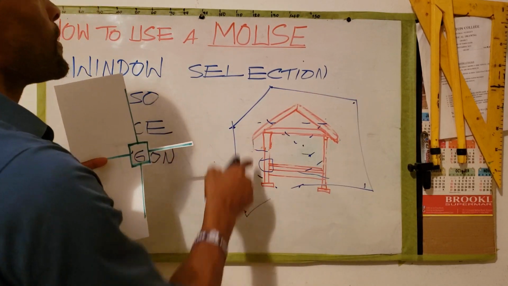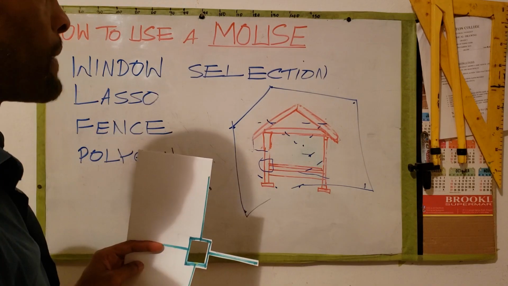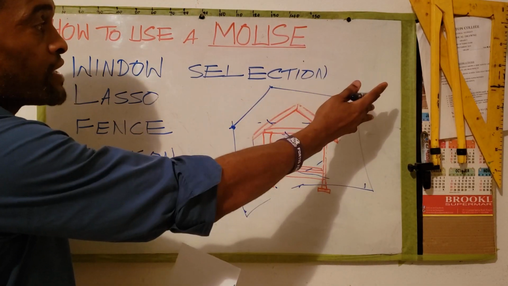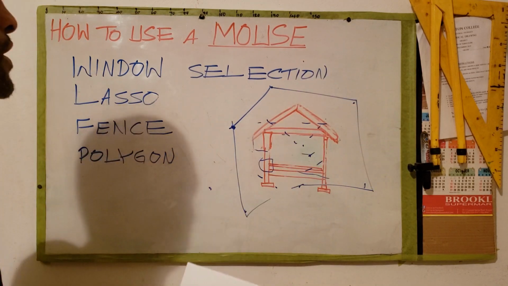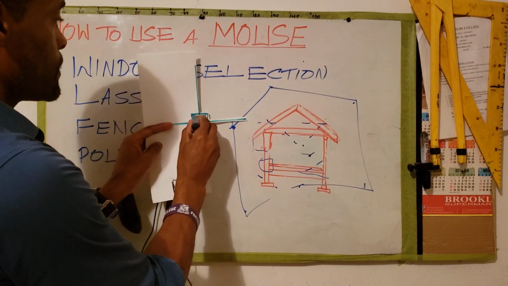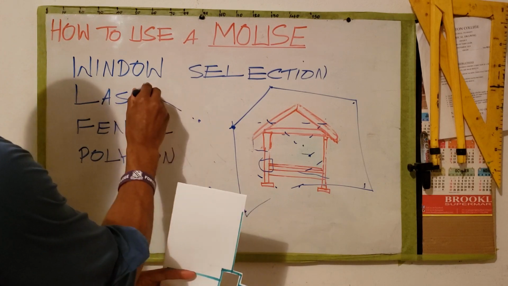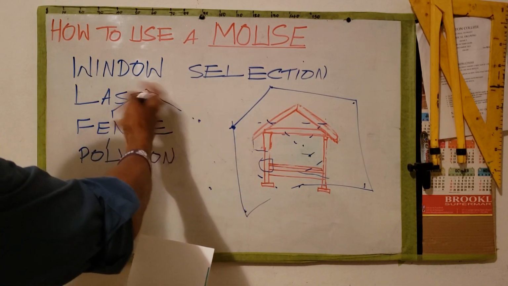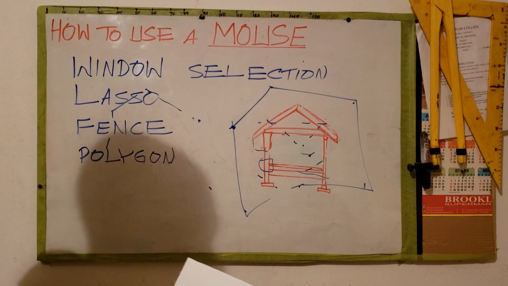So anything that is trapped inside is selected. If you start and move to the right, you must cover everything. If you start here and create the pattern to the left, everything that line touches or passes through will be selected.